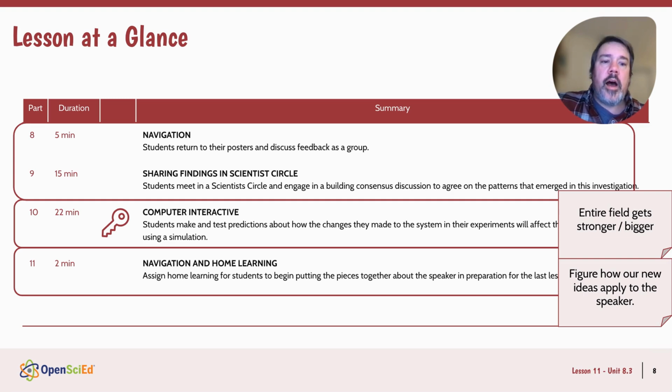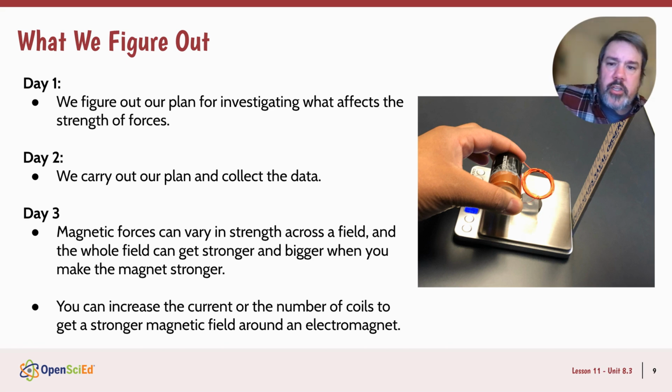Ultimately, we're going to figure out how we can apply this back to the speaker that we started with when we wrap up everything in the next lesson. So essentially, on the first day, we figure out our plan. On the second day, we carry out that plan and collect the data.